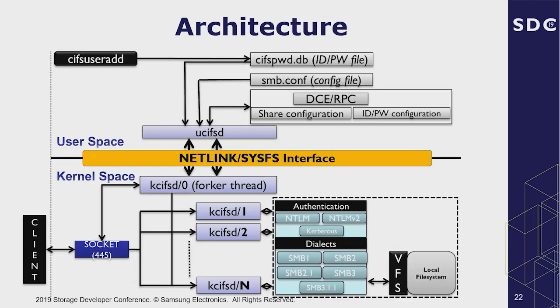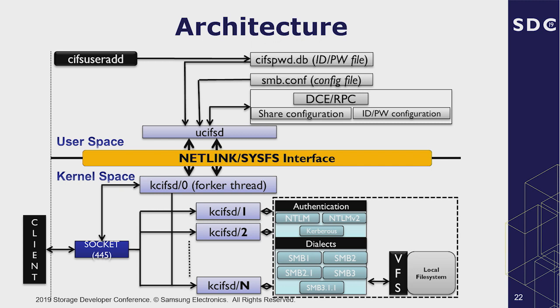This shows the entire architecture. We provide the CIFS user add util to store user account password information in a DB file. The user needs to write some parameters to SMB conf for configuration. When running CIFSD, the KCIFSD focus thread in the kernel will start to open port 445 and listen for new client connections. UCIFSD sends global metadata and global parameters in SMB conf to KCIFSD through NetLink.